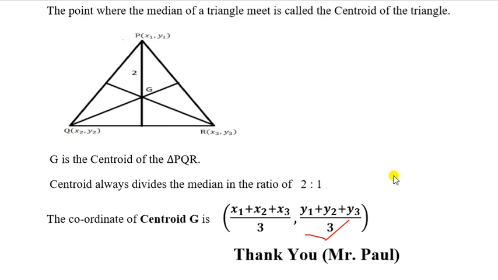So with the help of these four formulas, section formula, midpoint, distance between two points, and centroid of a triangle, you can solve this chapter 11, section formula. I will also provide you a PDF file for this chapter 11, but you should try to solve all the problems by yourself by taking help from the examples.